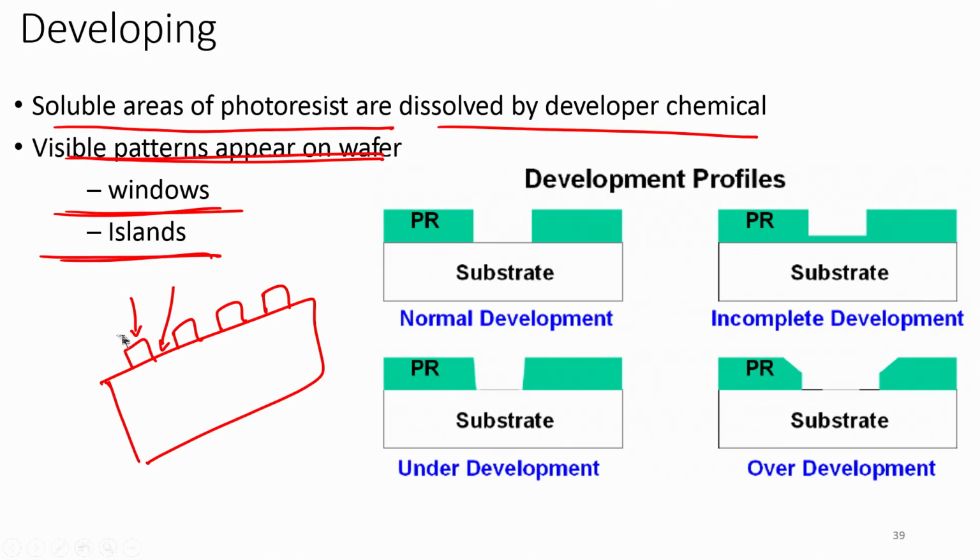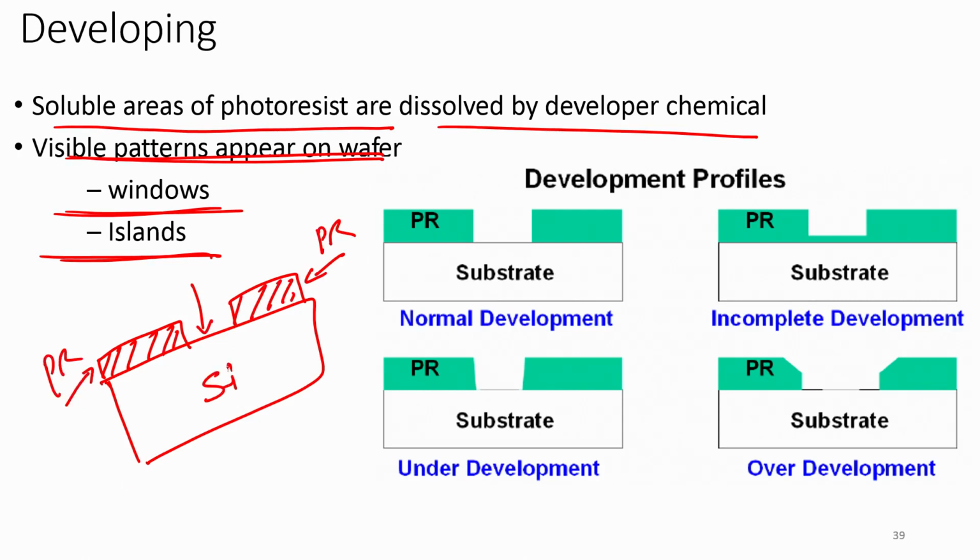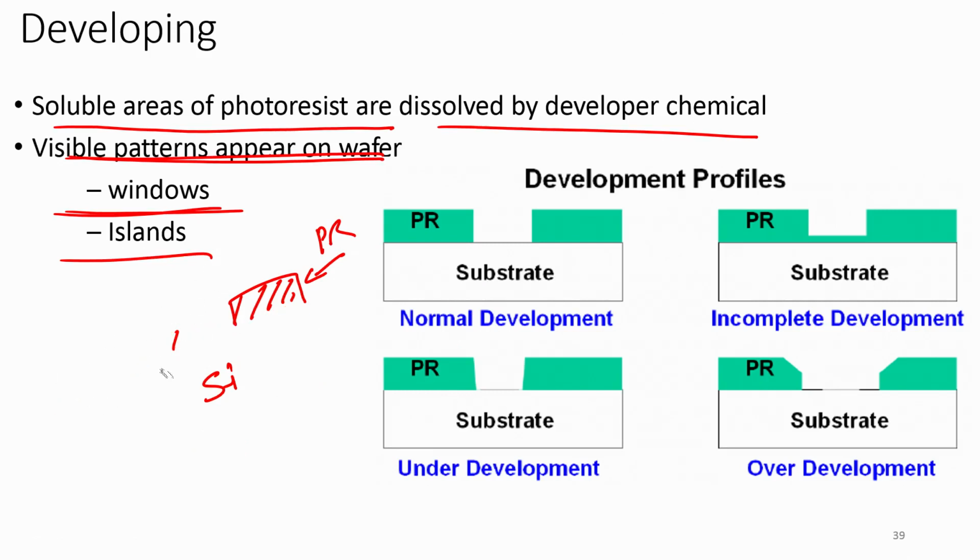Or we are creating a pattern like this, which is your photoresist. Then this area we want to etch, this is your silicon, we want to etch silicon. So, this is a window that you have created. We will take an example in a later class.